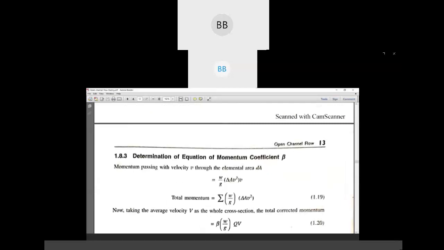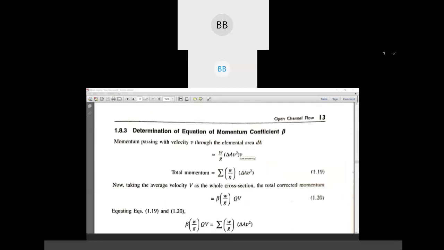So here you can see this is your mass. As we are considering momentum, it is mass into velocity. So this is specific weight divided by acceleration due to gravity, multiplied by del A, the area of the small elementary area, and then we have to multiply it by velocity.